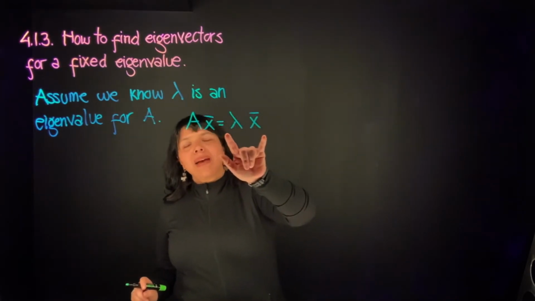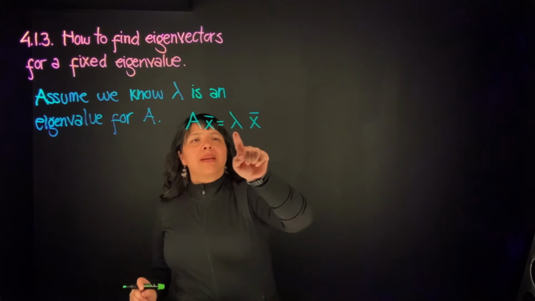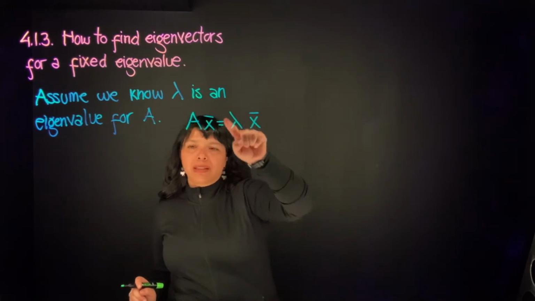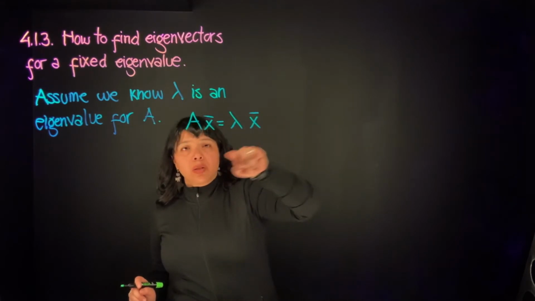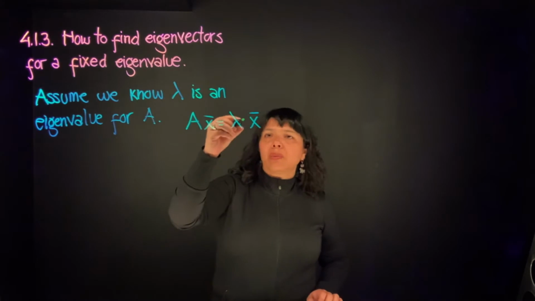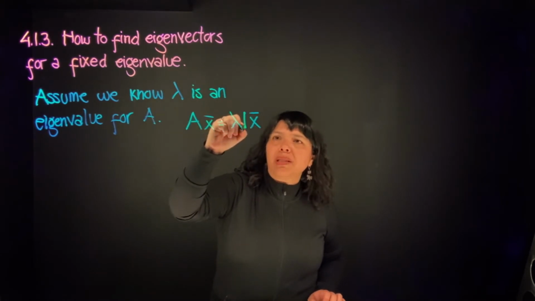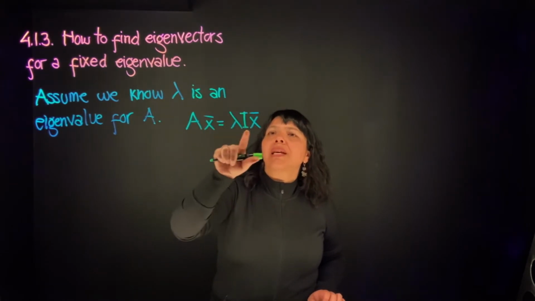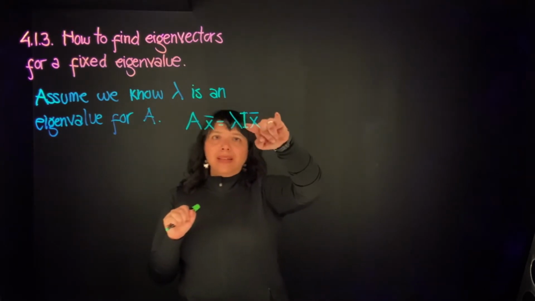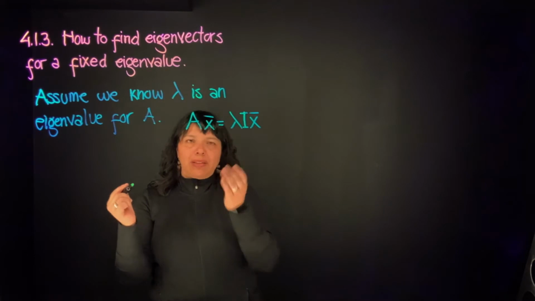Now, what you have in this right-hand side is a scalar times a vector. So we kind of want to transform this into a matrix computation so we can manipulate these matrices. So what we do is I'm going to put here the identity matrix because the identity times x gives me x, and then I can move this to this side and factor it out.